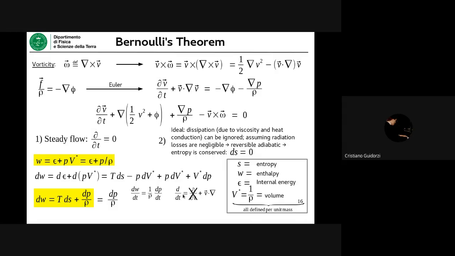So by replacing this guy here and this guy here, the total time derivative of enthalpy is nothing but the velocity scalar the gradient of enthalpy. And here the same, 1 over rho times V scalar the gradient of pressure. So we obtain this relation between enthalpy and the remaining quantities.